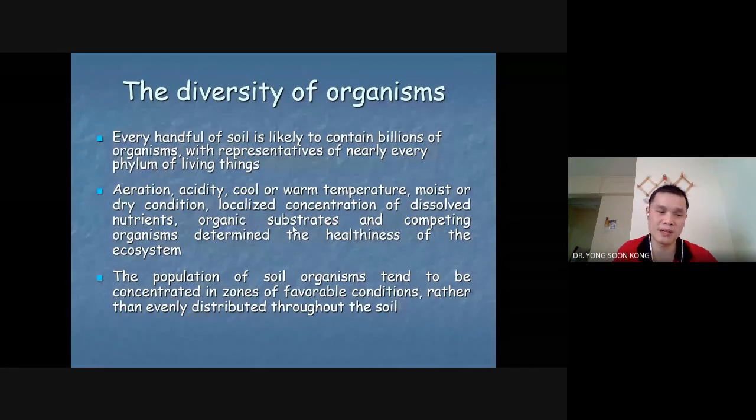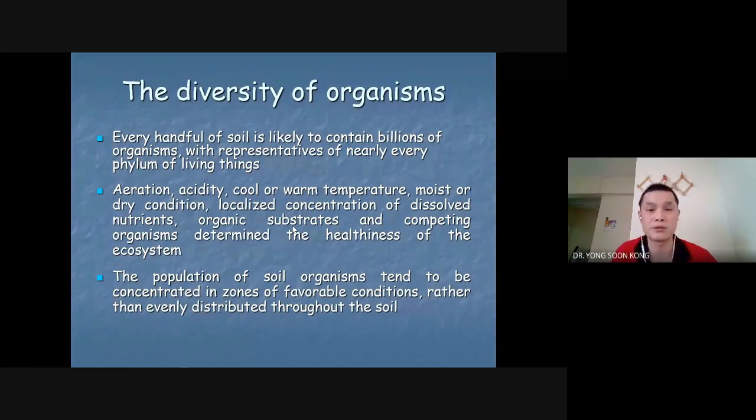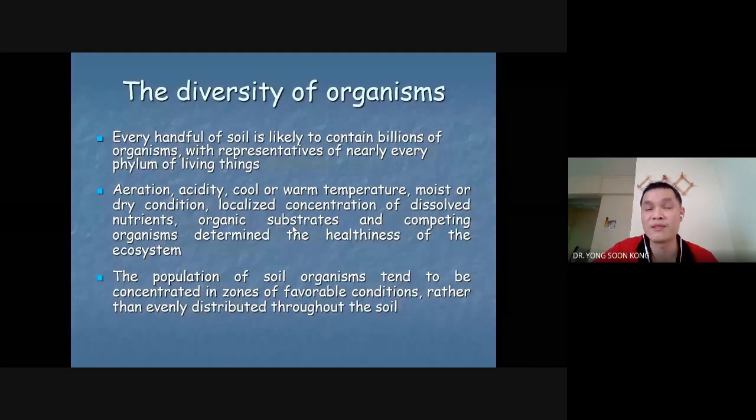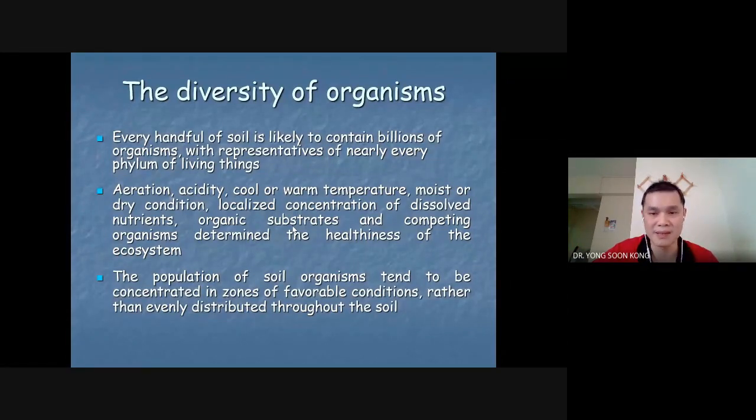And in order to have this move, you must have some organisms to cycle the nutrient. You see, the nutrient is already in the mineral, but without living organisms, the cycle does not move and the soil is very much dead. So even though a soil has nutrient, it must have living organisms to represent its overall healthiness. It is healthy only when you have living organisms inside.